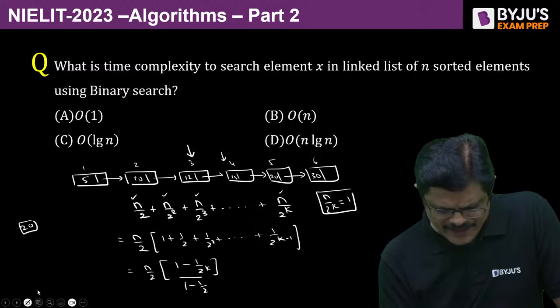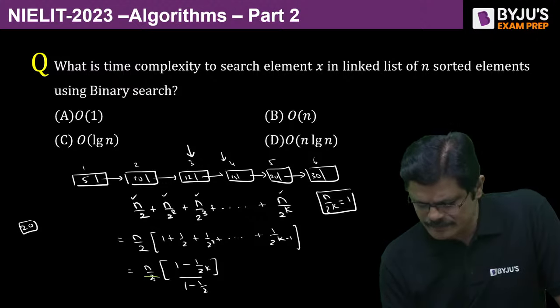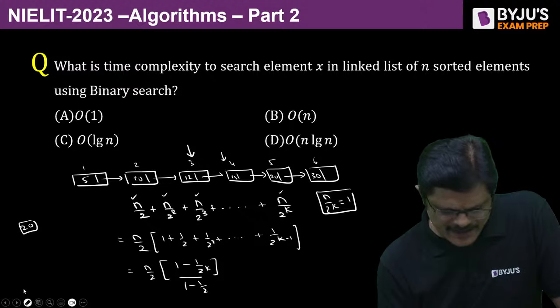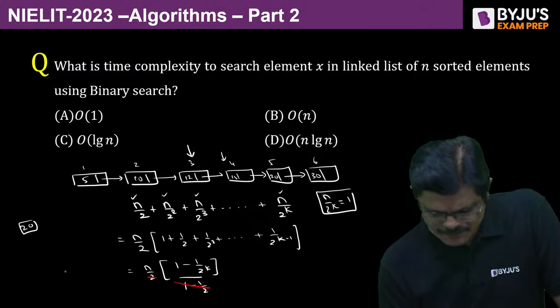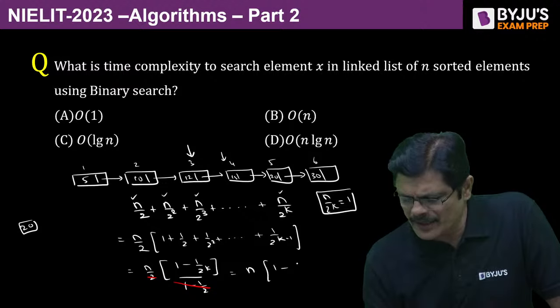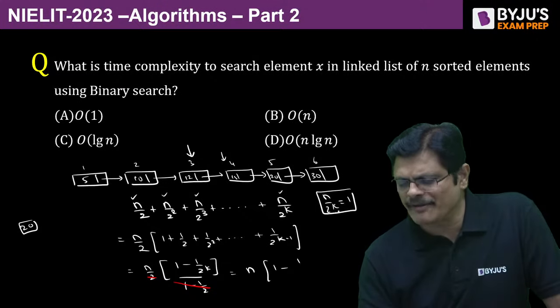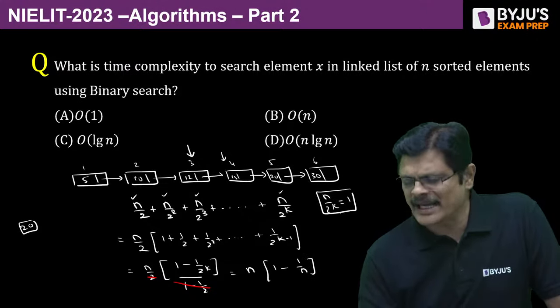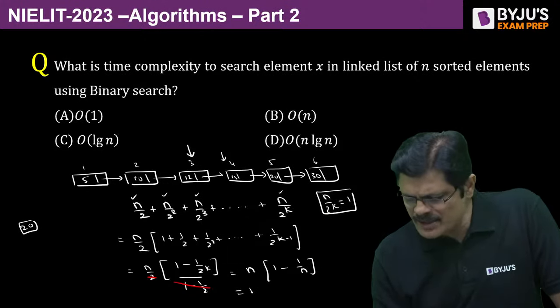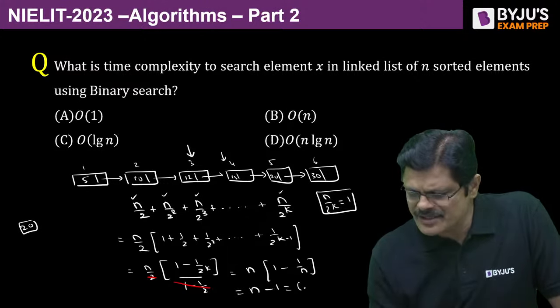So these two get cancelled. This would be n times 1 minus 1 by 2 power k, and since n by 2 power k is 1, 1 by 2 power k is 1 by n. When you simplify, it is n minus 1, which takes theta n time.